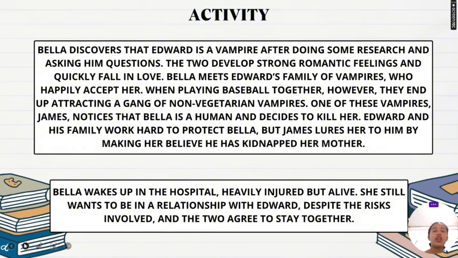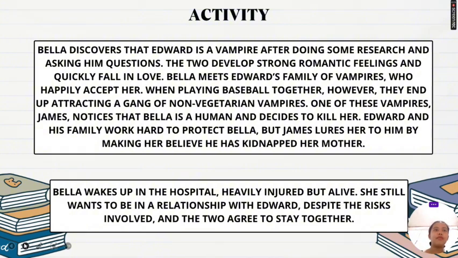Edward and his family work hard to protect Bella, but James lures her to him by making her believe he has kidnapped her mother. So, the rising action here, as I have mentioned earlier, is where the conflict of the story is starting to unveil, and also where you will sense the suspense in the story that you are reading.